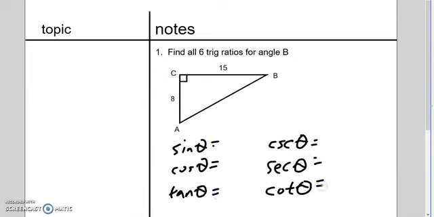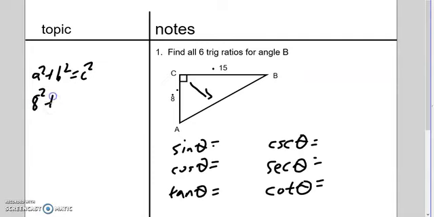Okay, so we're given two of the sides already, and those are both legs. I don't have the hypotenuse. The hypotenuse is opposite the 90. I can always find the hypotenuse because I'll need it eventually for many of these ratios. So let's do that here. A squared plus b squared equals c squared, where c is the hypotenuse.